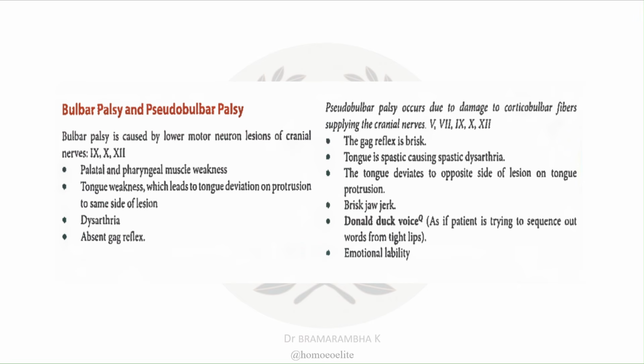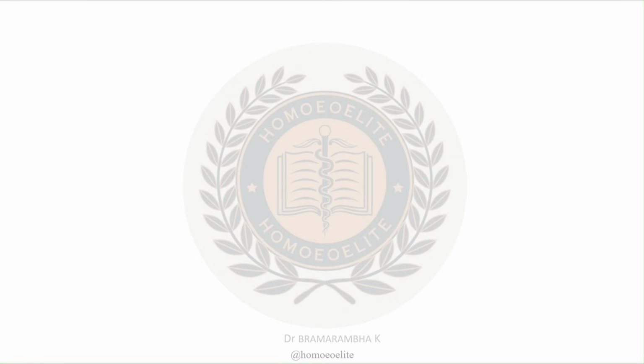Coming to the pseudobulbar palsy, which occurs due to the damage of corticobulbar fibers. These are supplying cranial nerve 5, that is nothing but the trigeminal nerve. Seventh is the facial nerve.